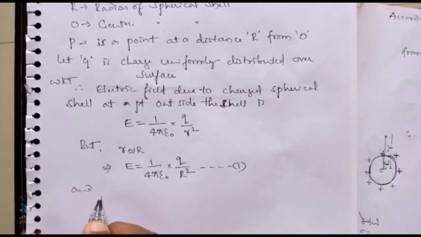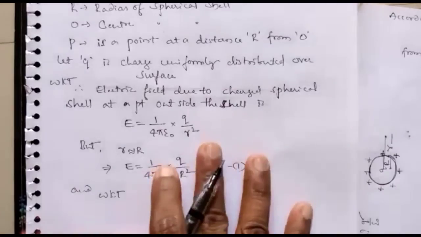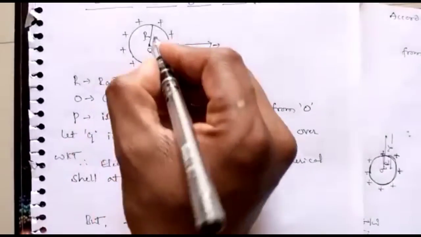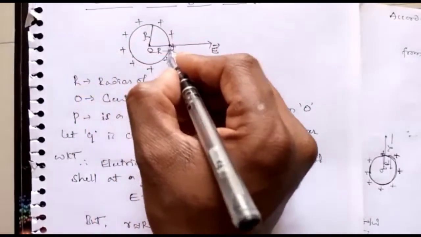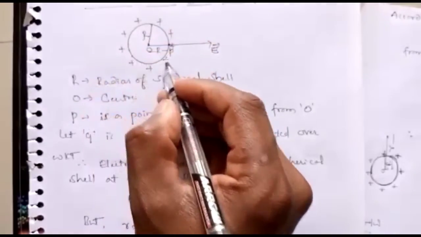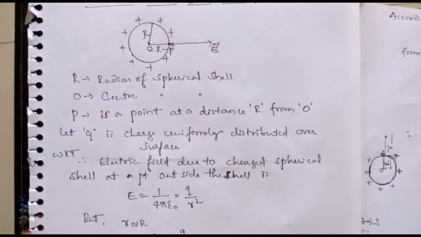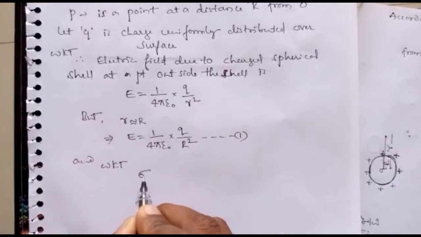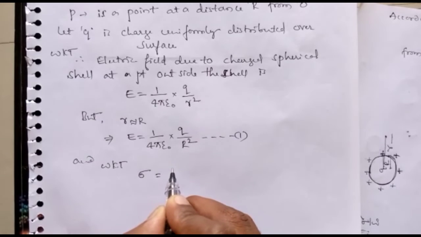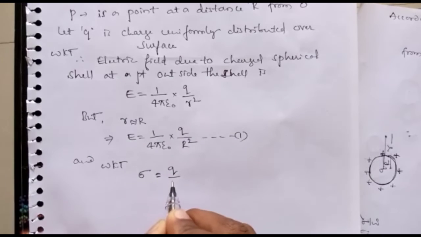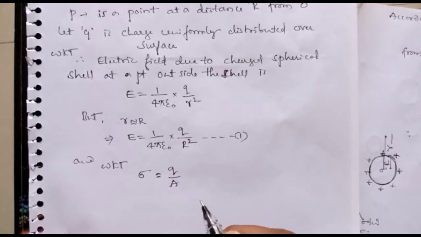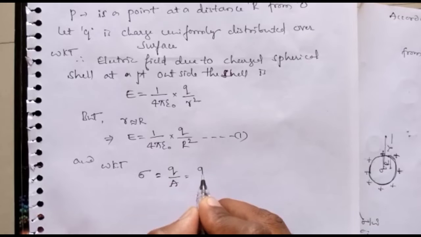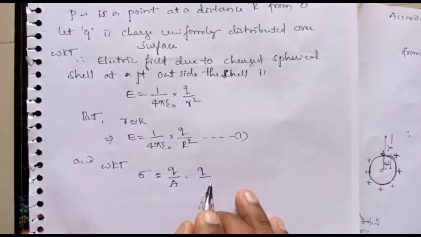Also, we know that here the charges are uniformly distributed over the surface. The surface charge distribution sigma is equal to q by A, where q is the charge and A is the area.